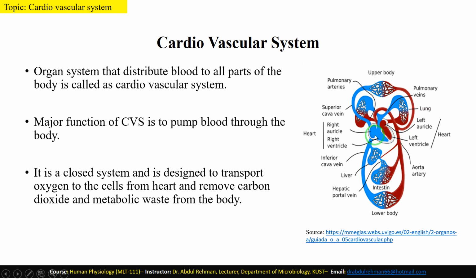The right side of the heart collects deoxygenated blood from the tissues and sends it to the lungs through pulmonary arteries, where the gases are exchanged with the environment, and from the lungs the oxygenated blood is sent to the left side of the heart through the pulmonary vein, and from the left side of the heart the oxygenated blood is pumped to all parts of the body. This whole coordination is called the cardiovascular system.